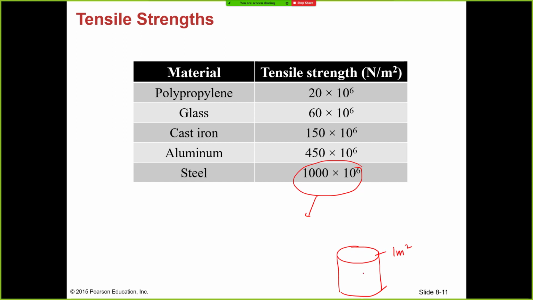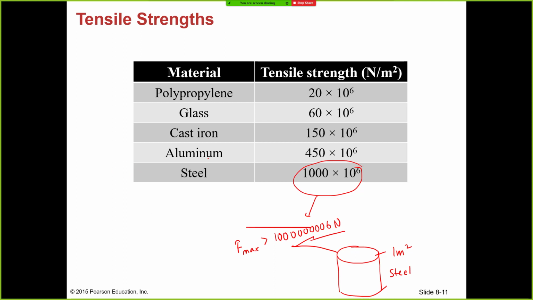To break this steel rod, how much force do you need? You need a force greater than 1000 times 10 to the 6 Newtons. You need a force greater than that to break a steel rod of 1 meter squared.